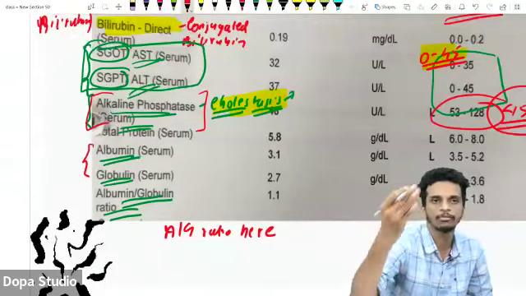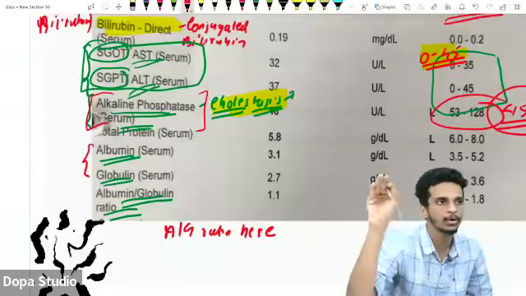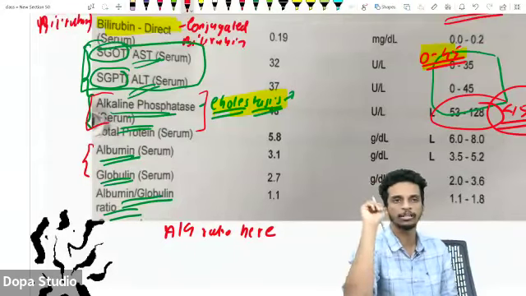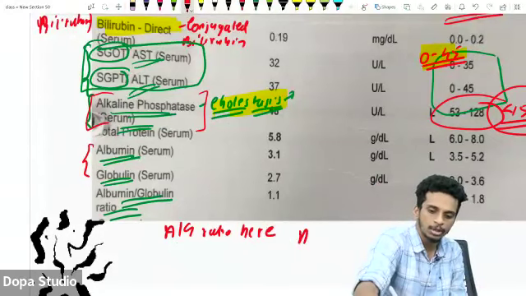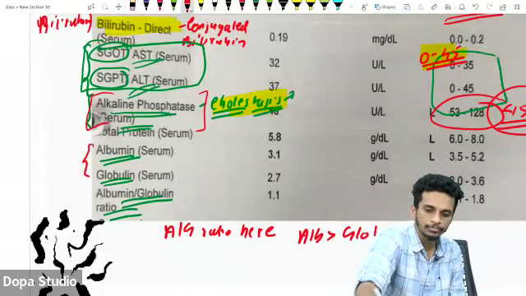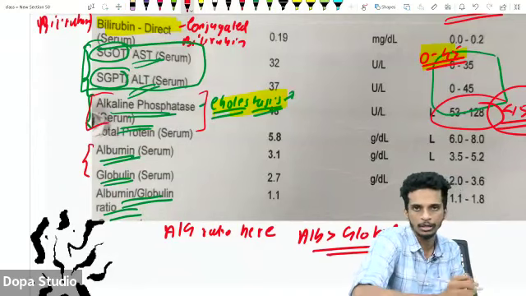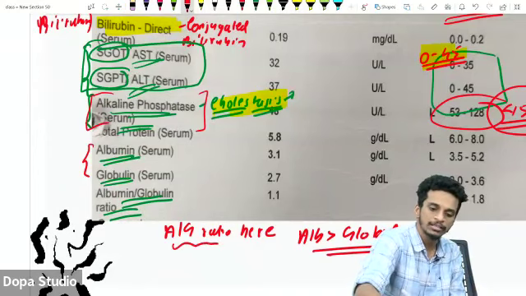As I have mentioned before, albumin helps to maintain your plasma oncotic pressure and globulin helps to fight infections. So usually in your A/G ratio, albumin is always more than globulin. You may get certain conditions where there is A/G reversal.